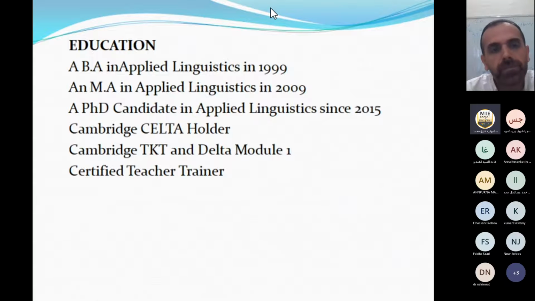He has a BA in applied linguistics from 1999, an MA in applied linguistics from 2009, and has been a PhD candidate in applied linguistics since 2015. He holds the Cambridge CELTA, Cambridge TKT and Delta Module 1, and is also a certified teacher trainer.